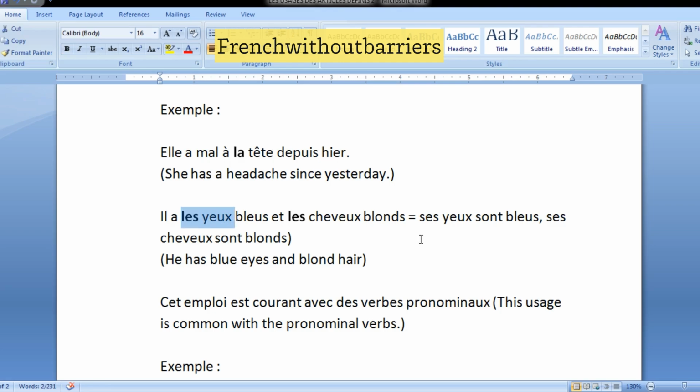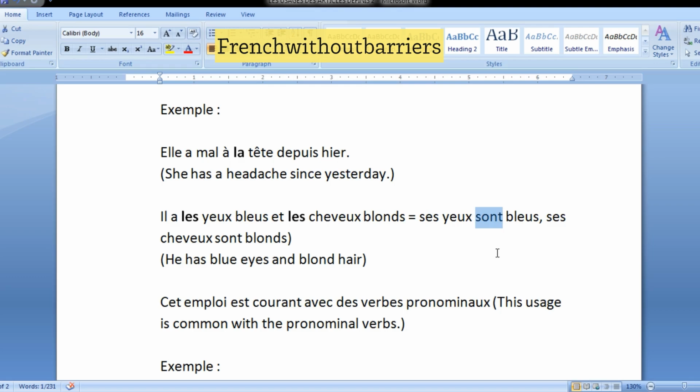There's another alternate form though, guys. Here this form is with avoir, as you can see. We have another form here which is with être. Ses yeux sont bleus, ses cheveux sont blonds. Now this means that his eyes are blue and his hair is blonde.